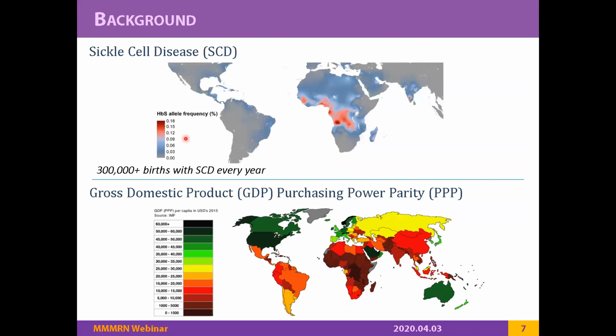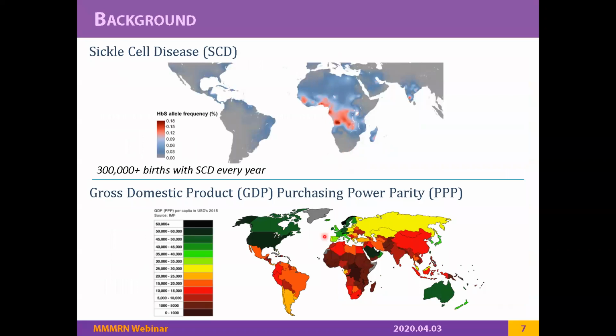So let's look at sickle cell disease and the economic aspect of it. On the top, you see the global prevalence of hemoglobin disease is highest in the African region. Then we have some in South Asia, and in the American continent, we have some, but not as severe as Africa.